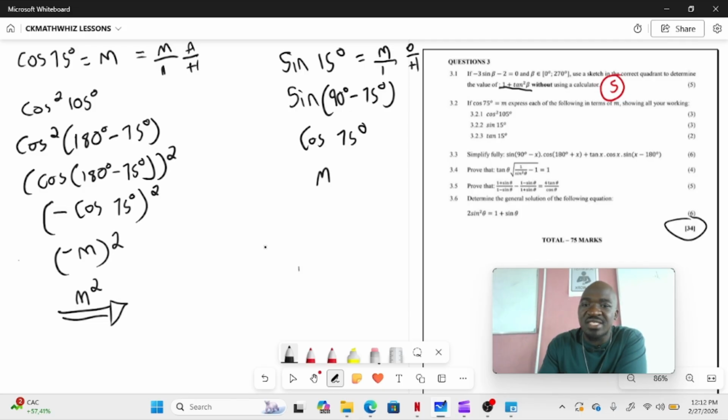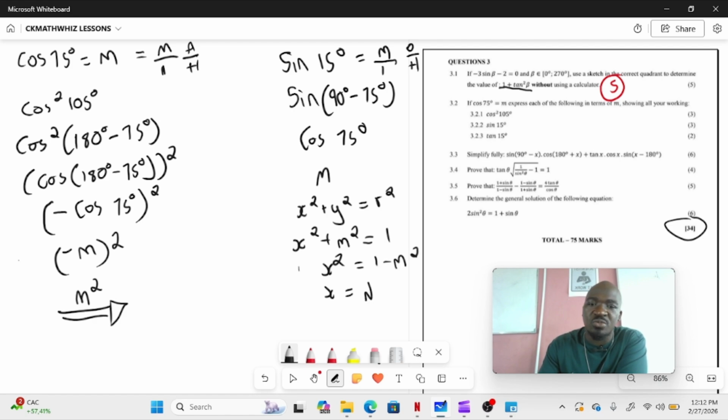So we can say x squared plus y squared equals r squared. We don't know what x squared is, plus y squared, which is the opposite, m, so m squared equals r squared, which is just 1. So x squared is going to be 1 minus m squared, in which x is going to be the square root of 1 minus m squared.